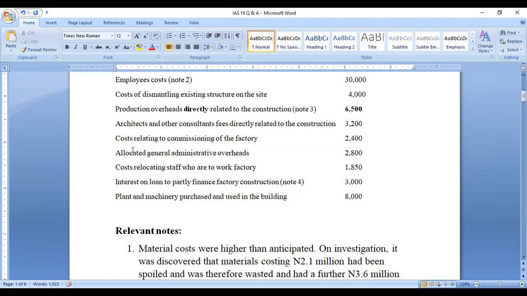Because yes, it's directly linked to the factory, but it really does not have any economic benefit to it. The factory will still work with or without commissioning. Thank you, ma. Okay, how about allocated general administrative overhead?